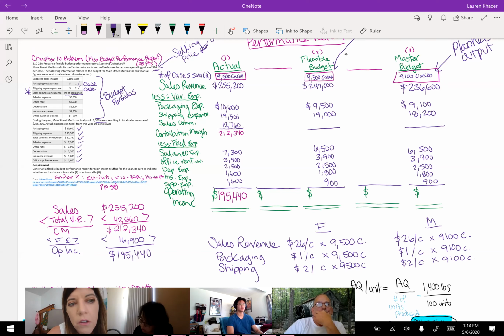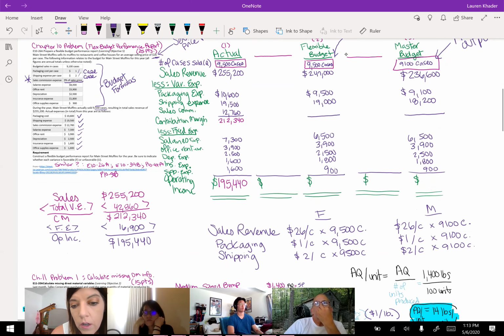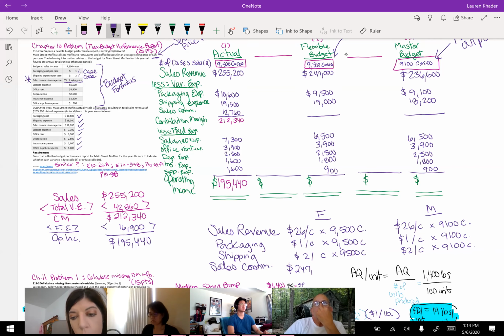So you can do the calculation of taking 5% of $26 per unit and then multiplying that times the number of cases. That's one way. The easier way is just to have the total sales revenue for each level and multiply it times the 5%. So for sales commissions, for the flexible budget, it's 247,000 in total sales times 0.05 or 5%.